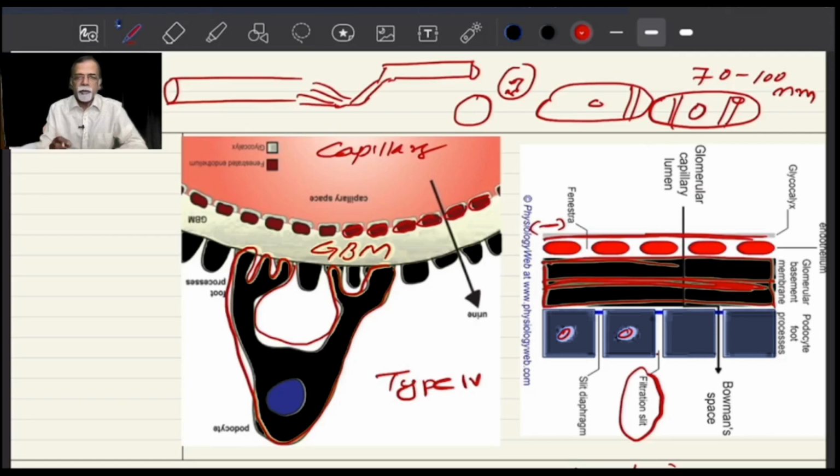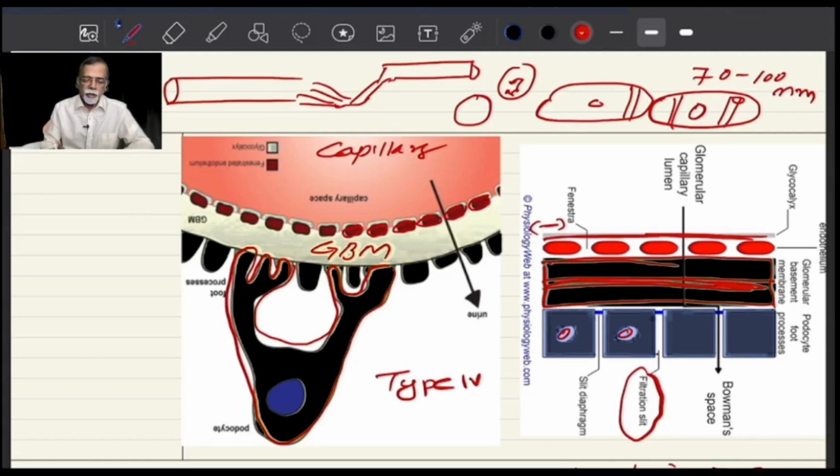So the slit diaphragm again reduces the size of the filtration slit. The filtration slit is guarded by the proteins. It acts something like a zip. Nephrin, podocin, different types of proteins are there. Abnormalities in these proteins can also lead on to disruption of the filtration barrier.